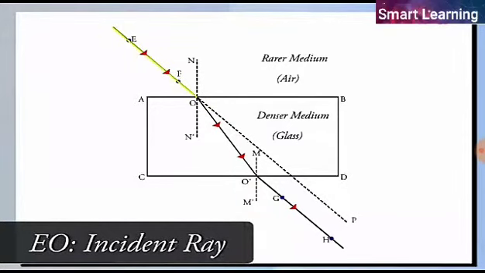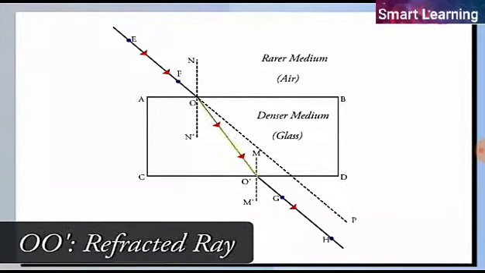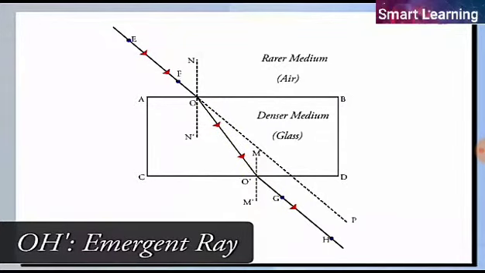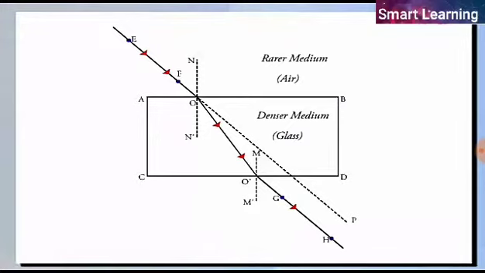EO is the incident ray, OO' is the refracted ray, O'H is the emergent ray. The extent of bending of the ray of light at the opposite parallel faces AB and CD of the rectangular glass slab are equal and opposite, and therefore the emergent ray is parallel to the direction of the incident ray.